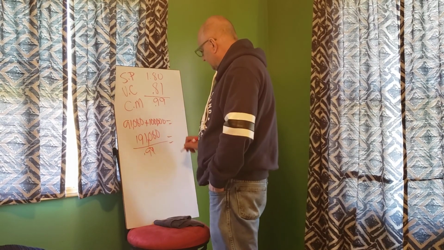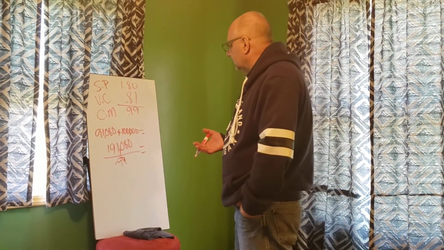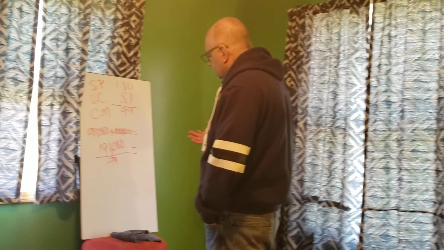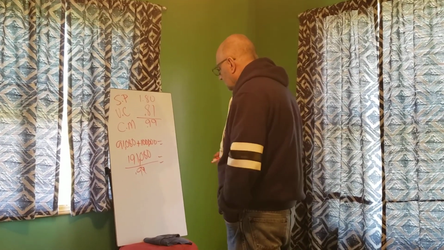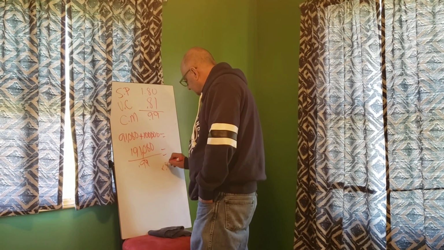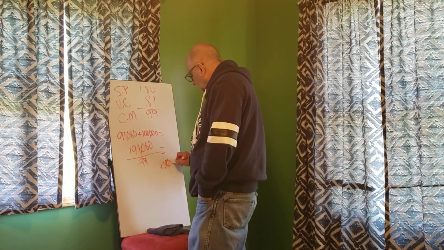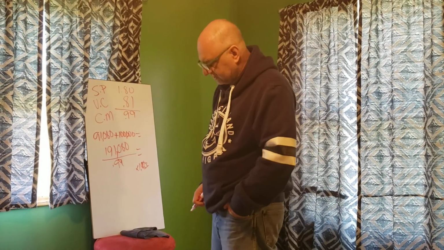And that would give me the number of units I need to sell in order to make a profit of 100,000. And then I could take that number times my $1.80, and I would get that number in sales dollars.